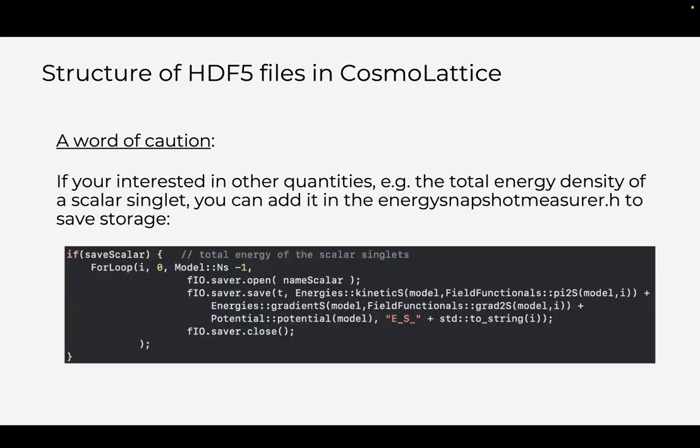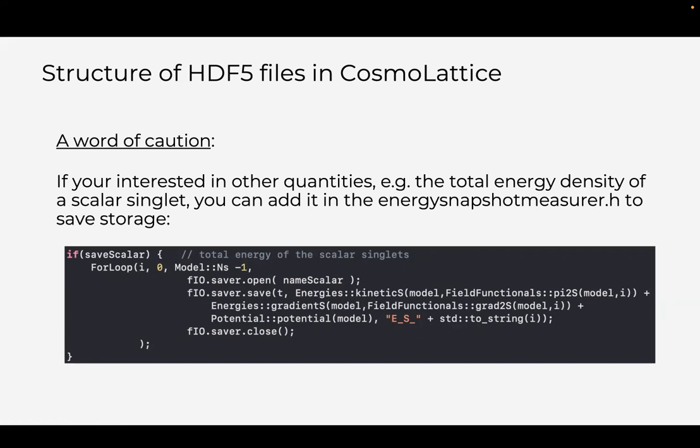Okay, so also for that case, if you would like to output the total energy of a single scalar field, you can go to the energy snapshot measurer and adapt it, right? So right now only the different components are output, like, for example, the kinetic, gradient and potential energy.